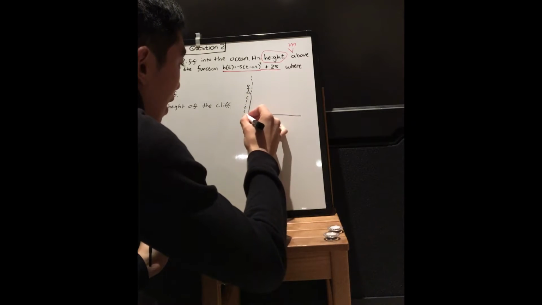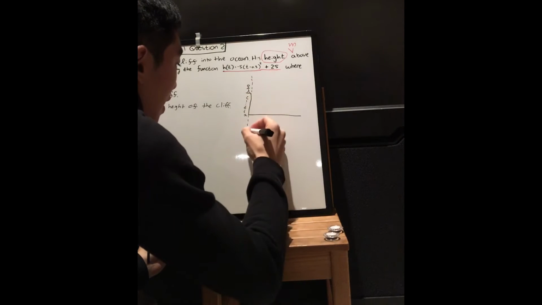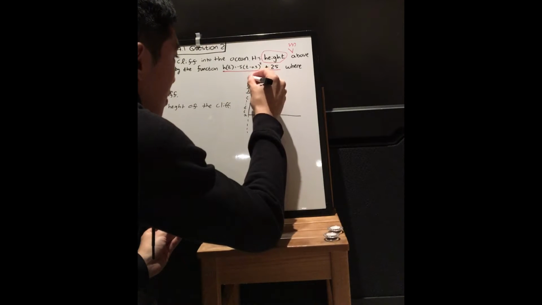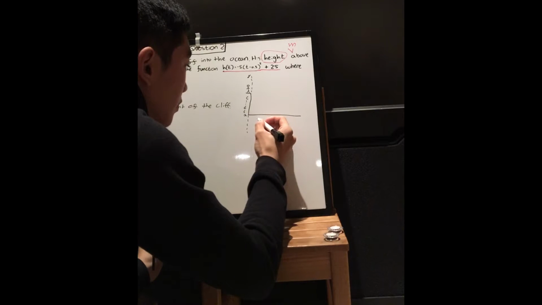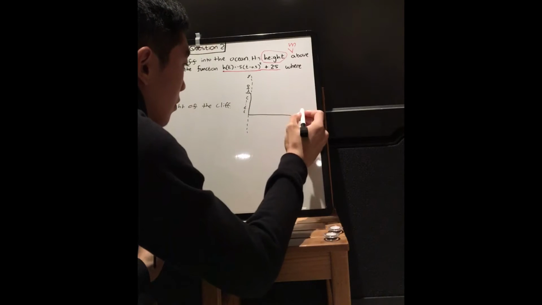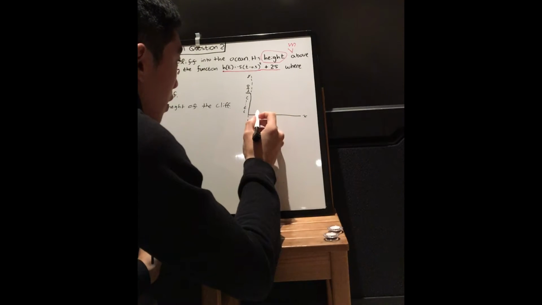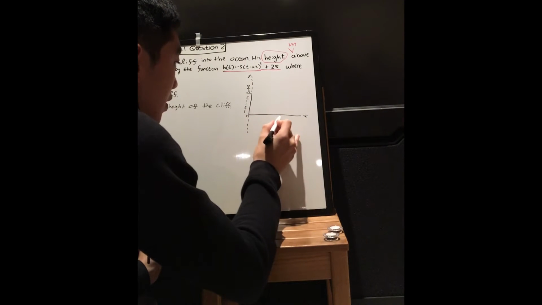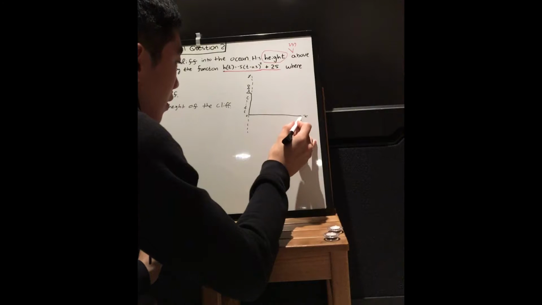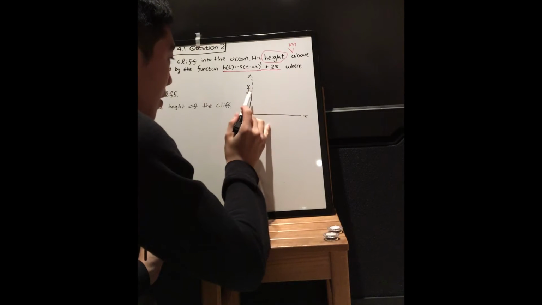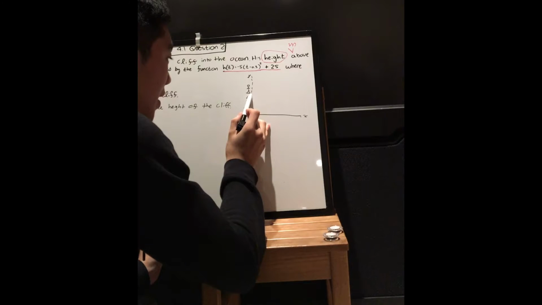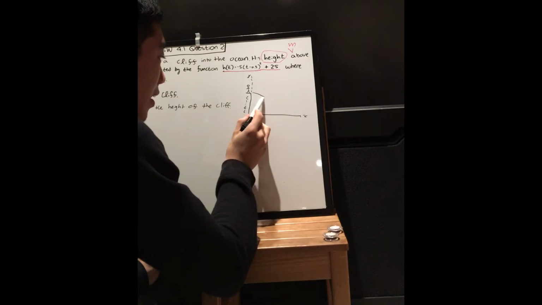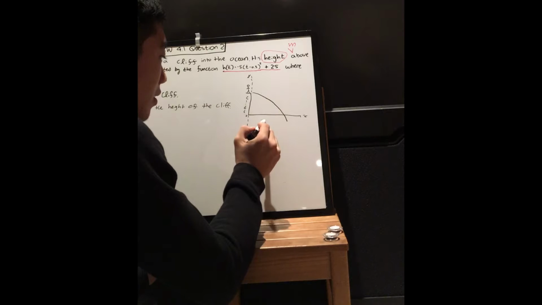If this were a graph with the x-axis and the y-axis here, this would be 0, and let's just say this was any number. Basically what I'm trying to show is Jude begins at the top of the cliff and will end off somewhere below sea level.